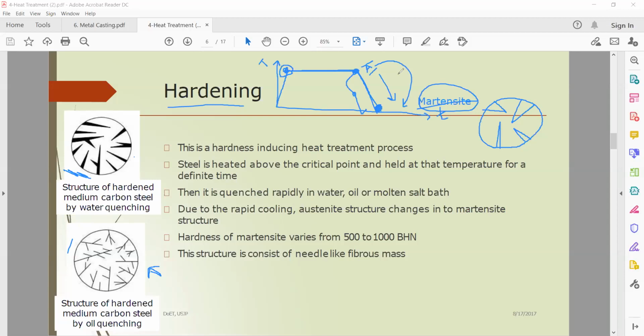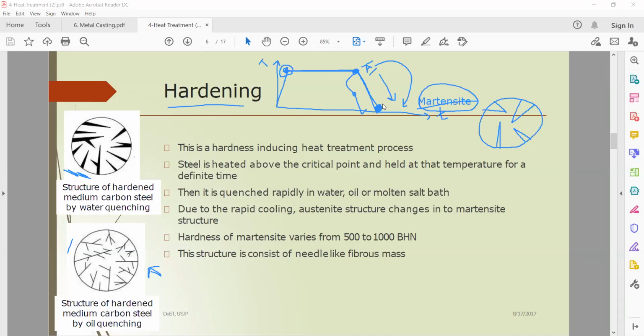Oil bath medium, water bath medium, molten salt bath medium, these three kinds of medium are used for your hardening, that means the cooling process.